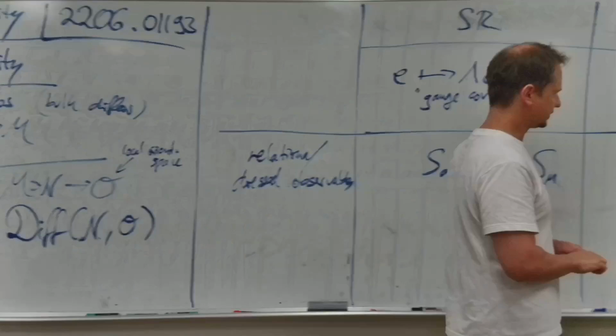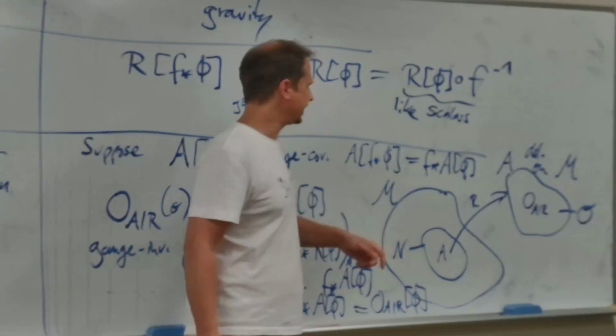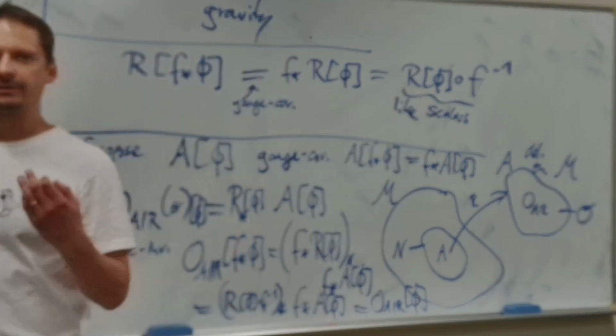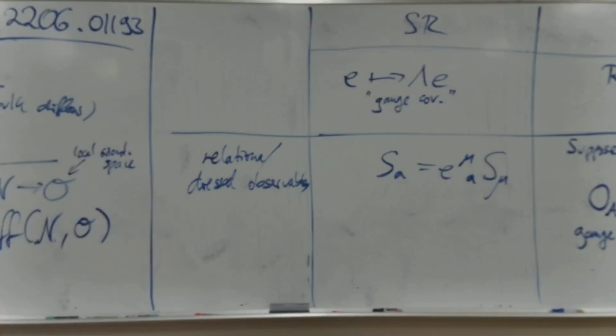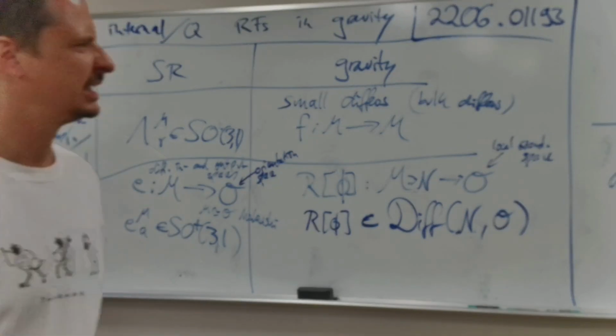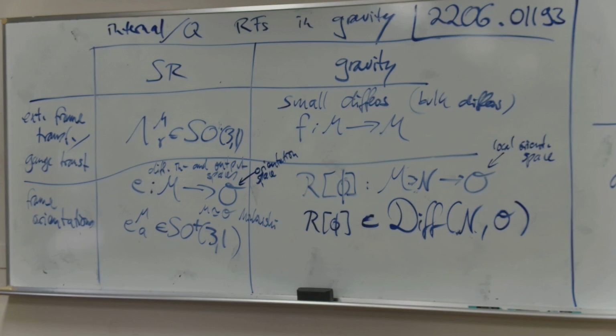Really here we're just making use of the covariance of A and also the covariance of the reference frame. What's the symbol in the O_A R for the bar phi? Maybe for the moment drop it. I was going to explain that next.